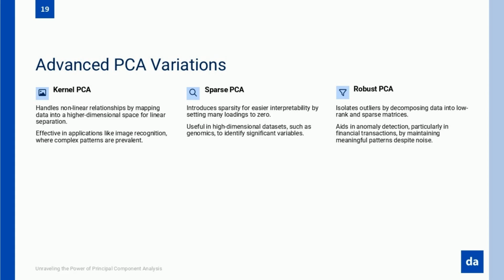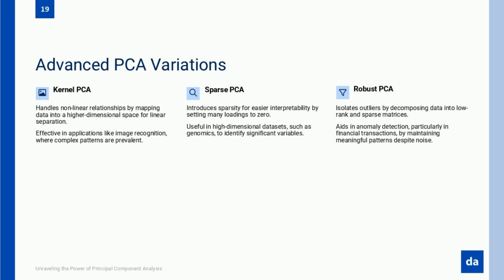Kernel PCA represents one of the most powerful extensions, specifically designed to handle nonlinear relationships in your data. By applying what mathematicians call the kernel trick, this technique cleverly maps your original data into a higher dimensional space where linear separation becomes possible.